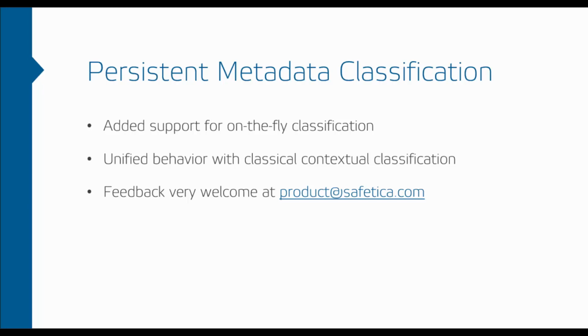And now with the on-the-fly support, all the new files that will be moved into this folder or created in this folder will receive a classification as well. As I said, it's a really crucial technology for us. We would like to hear your feedback because we are constantly working on improving it even further. So do not hesitate to contact us at product@safetica.com with any ideas or wishes you may have.